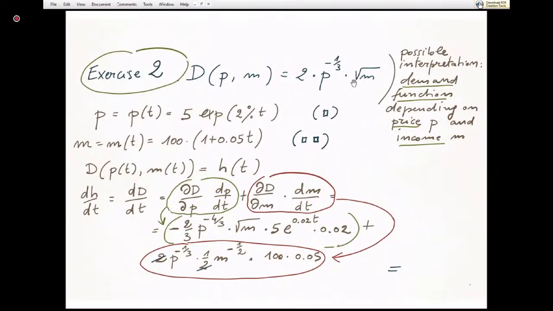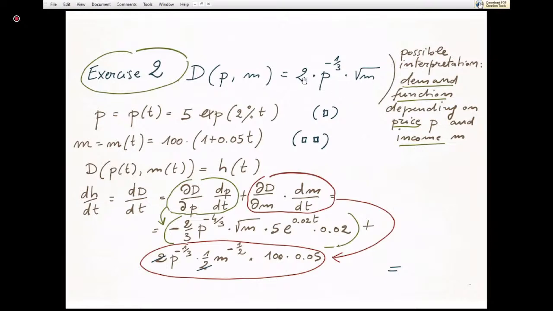This is just a plausible formula. There is no calibration here. It's plausible in the sense that the demand decreases with the price of the good, but at the same time it increases with the income. Very reasonable qualitative assumptions incorporated in this function.